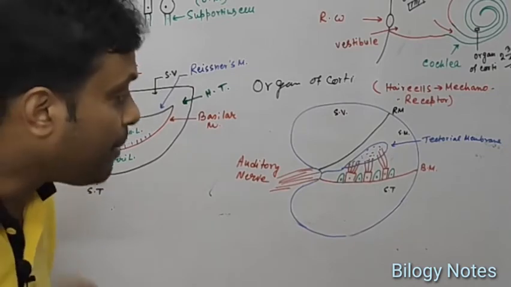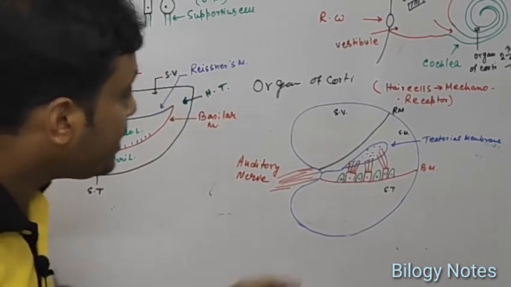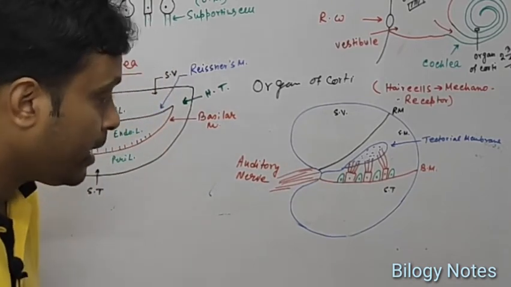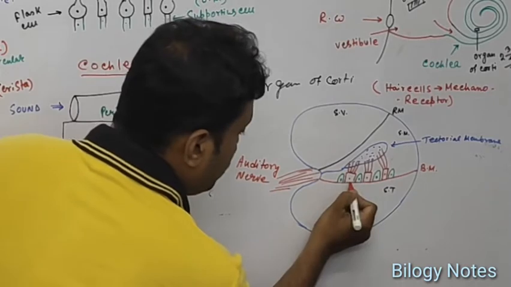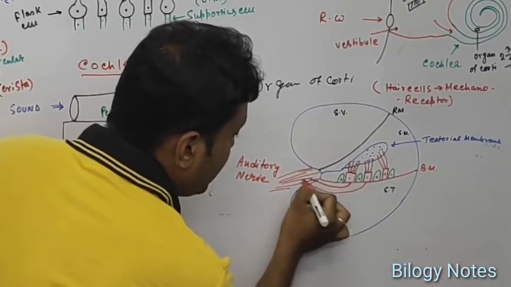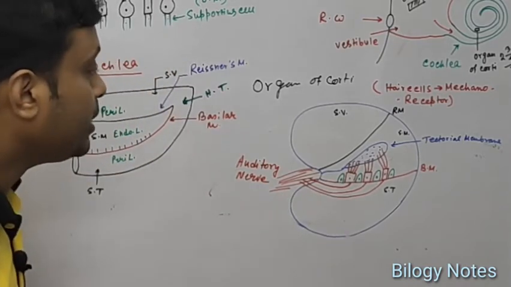Apart from this, supporting cells are present. Each sensory hair cell projects a fine nerve which will be connected with the auditory nerve.